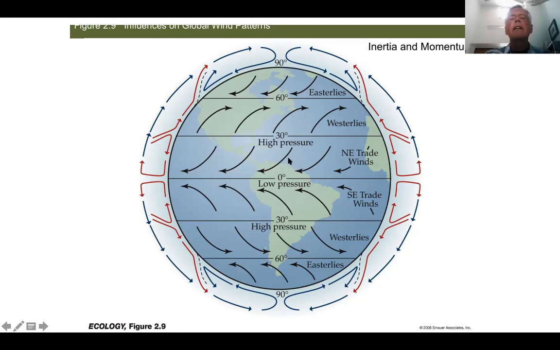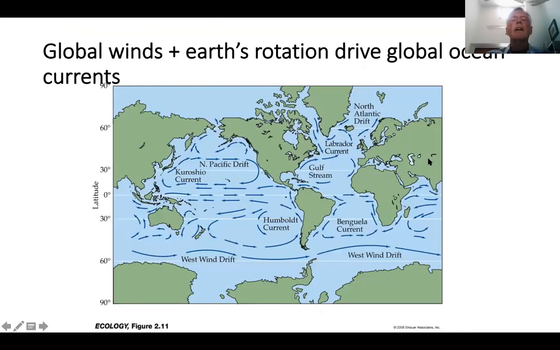And that bending of the winds is what creates what we call the westerlies at high latitudes, and the trade winds, the northeast trade winds at low latitudes in the Northern Hemisphere, and the southeast trade winds, which are at low latitudes in the Southern Hemisphere. So the winds around the world are all driven by these pressure gradients and the Coriolis effect. And the winds drive ocean currents, which are very important to us. So I'm not going to say anything more about it.